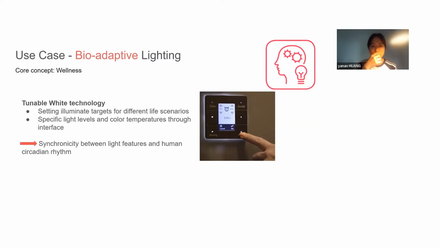This panel can be an interface between the guest and the system. In this system, the illumination target can be set for different life scenarios, and through this interface, specific light levels and color temperatures can be achieved.